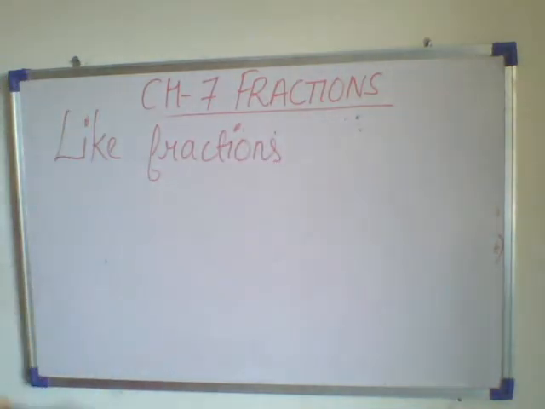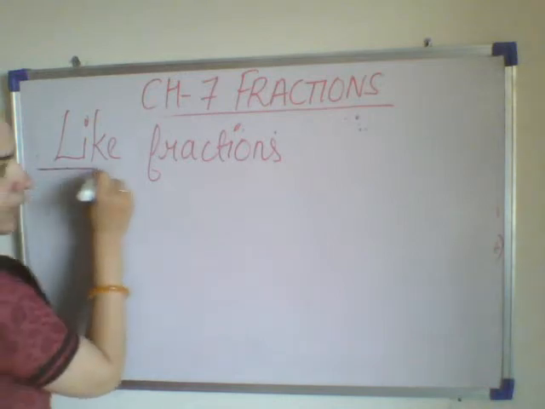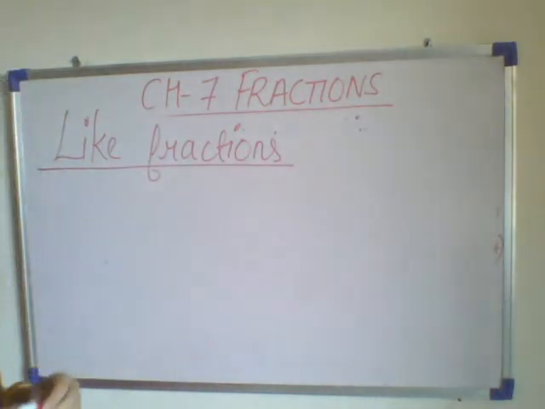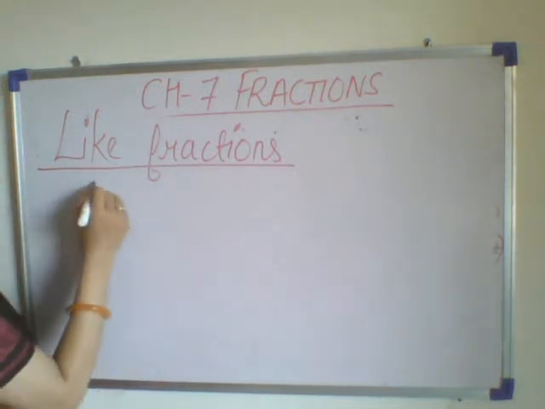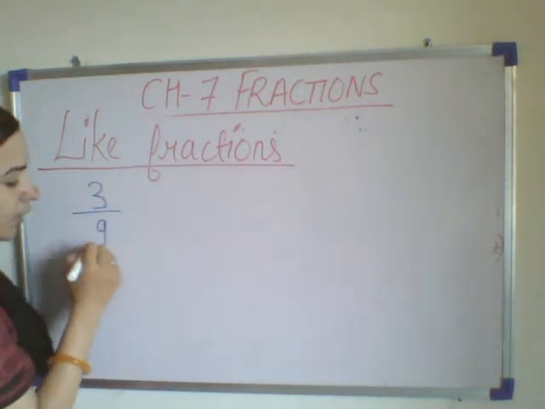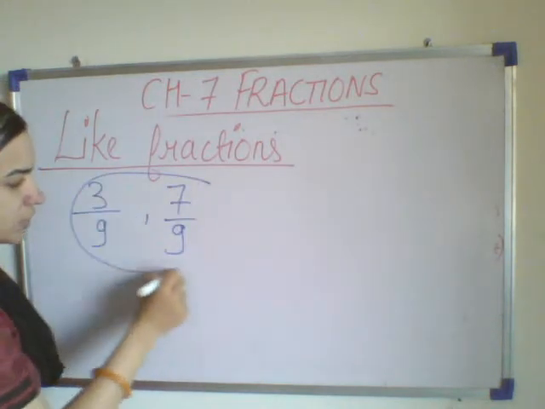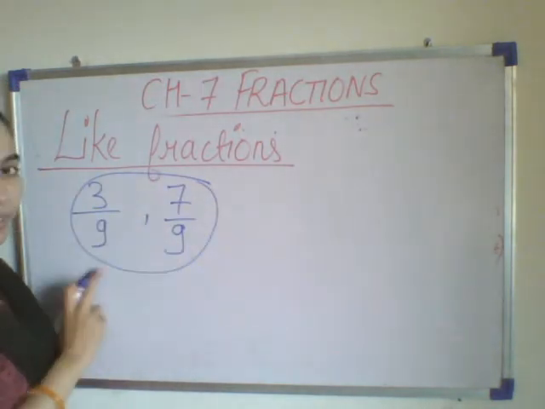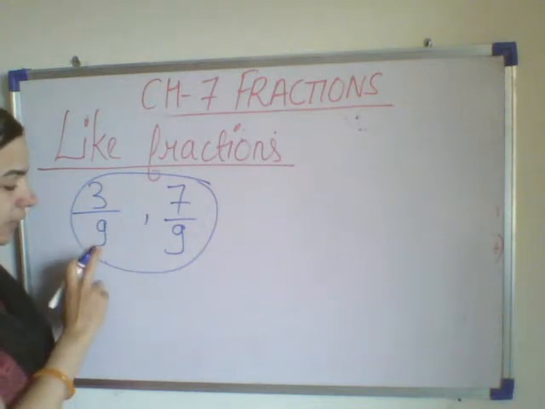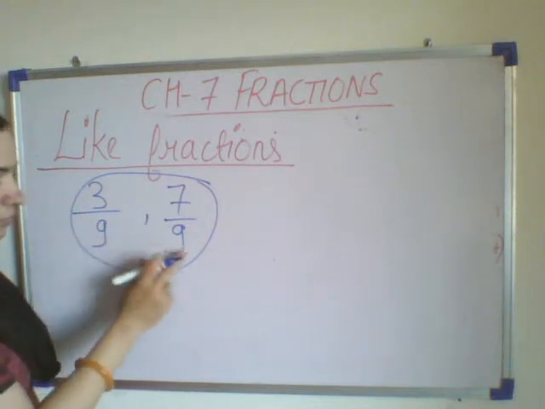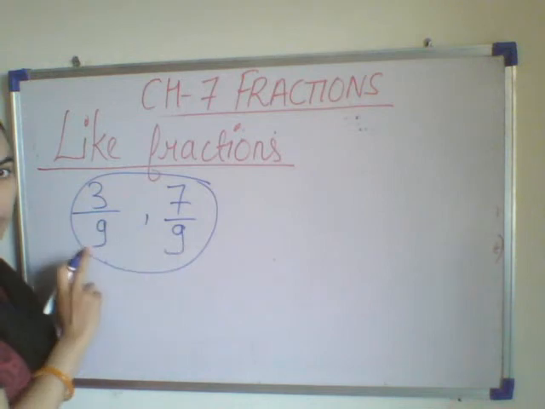Like fractions: the fractions having the same denominator are called like fractions. For example, 3/9 and 7/9. These two fractions, we can say that these are like fractions because in the denominator of both the fractions 9 is there. So this type of fraction is like fraction.